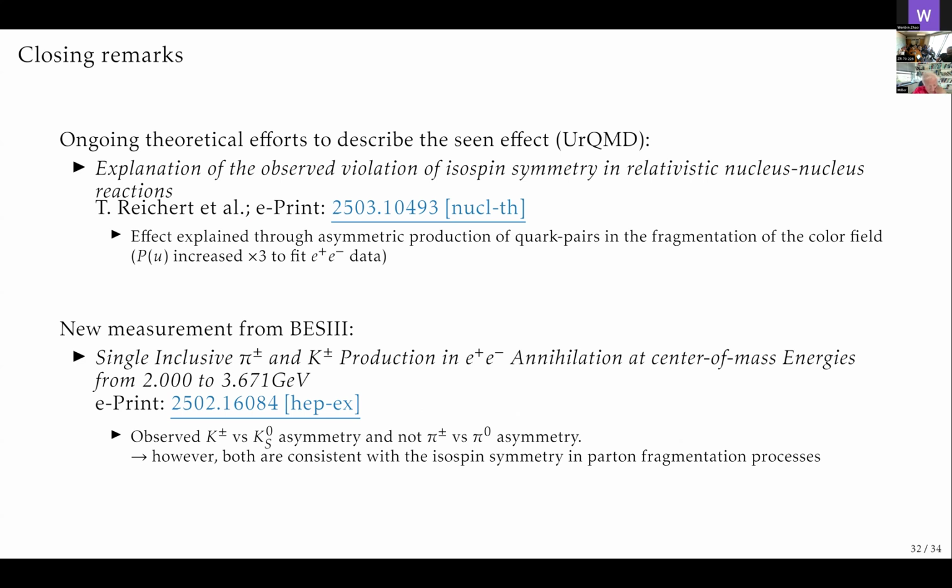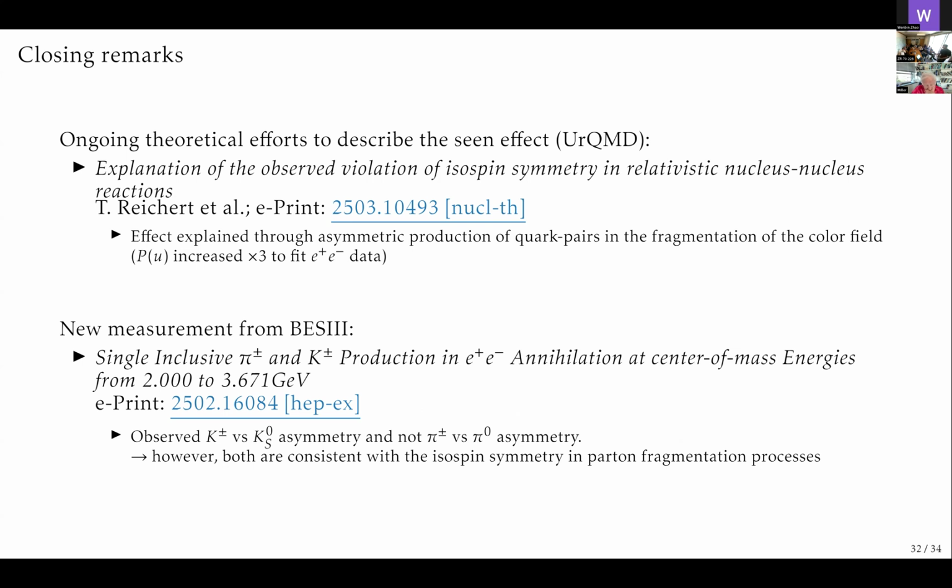Those are some new measurements from the BESIII program. So this is electron-positron annihilation at energies significantly lower than what we explore here with nucleons. But interestingly, they also observed the K plus versus K0 short asymmetry, but they didn't observe a similar one with the charged pions and neutral pions.